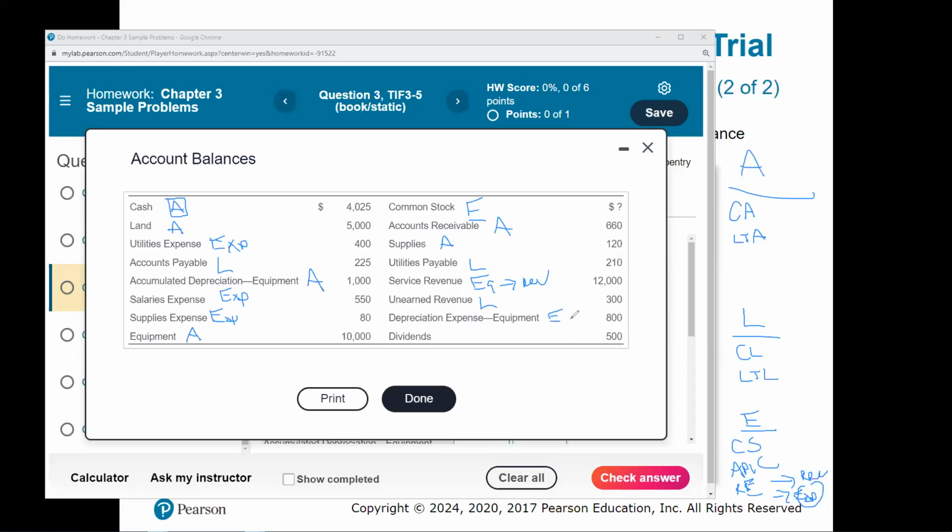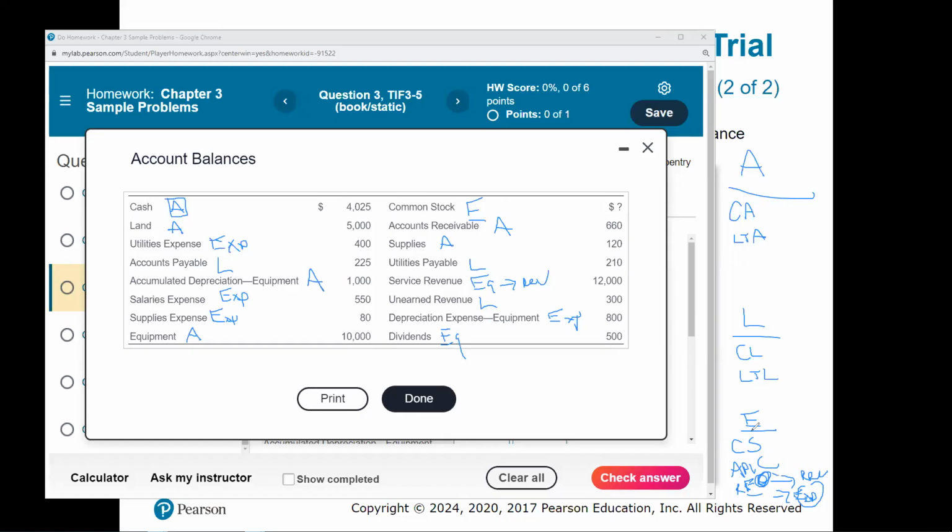Yeah, expense. And then dividends. That's a tricky one. I didn't mention this one up here. This one would be equity, because we're referring to dividends that we're paying out to other people. So that comes out of our retained earnings area. So that would go in this area right here before the revenues and expenses.